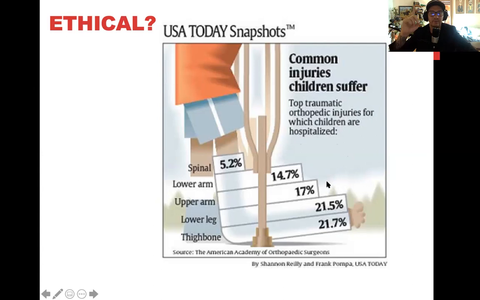These are the top orthopedic injuries, and not just the top orthopedic injuries, but the top orthopedic injuries for which children are hospitalized. So now our data pool of candidates for our percentages here are just children who are hospitalized for orthopedic injuries. And so out of all of the orthopedic injuries, this is the breakdown, right? And so, okay, that makes more sense.